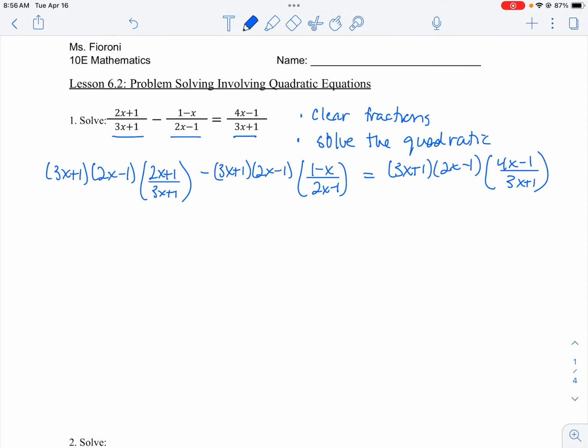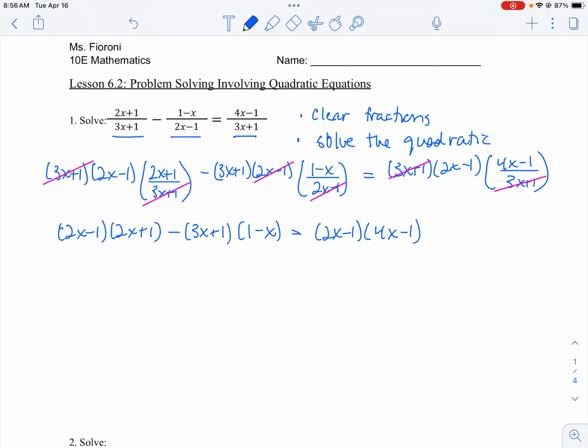So after I write this out, I can see that this cancels, and this cancels. Okay, so my next line is going to look nice because there are no denominators. We have cleared the fraction.